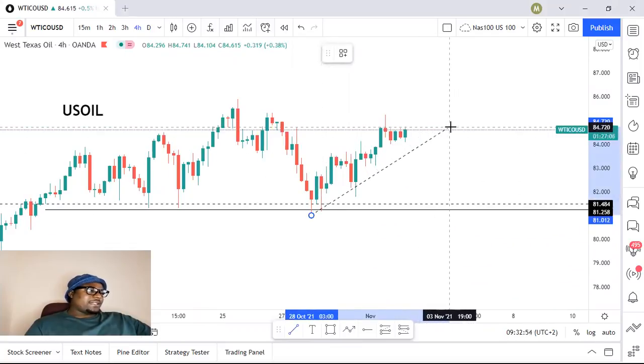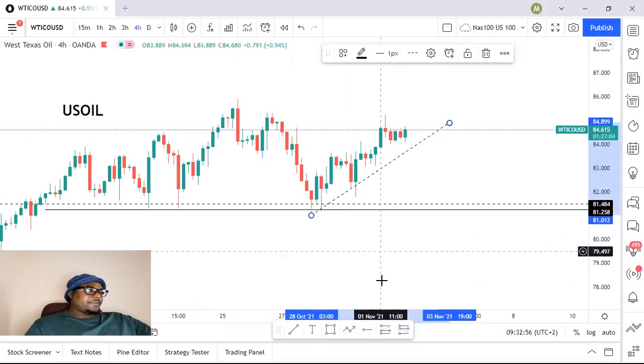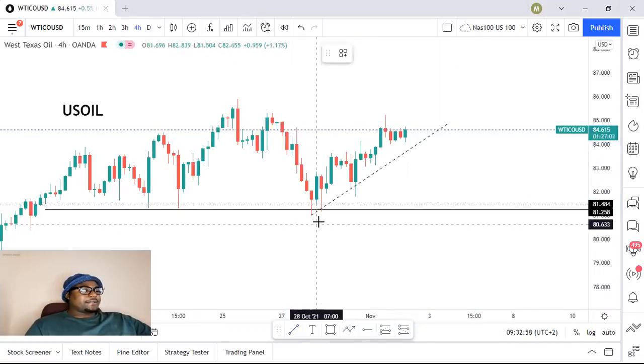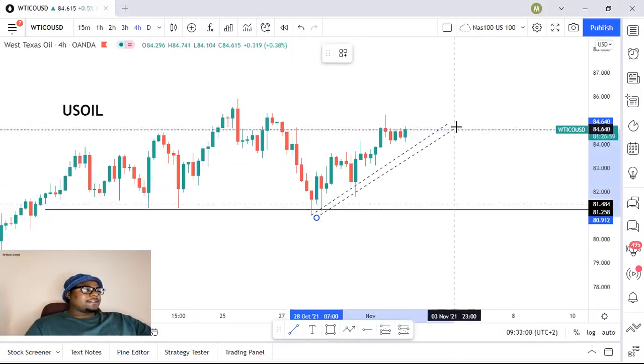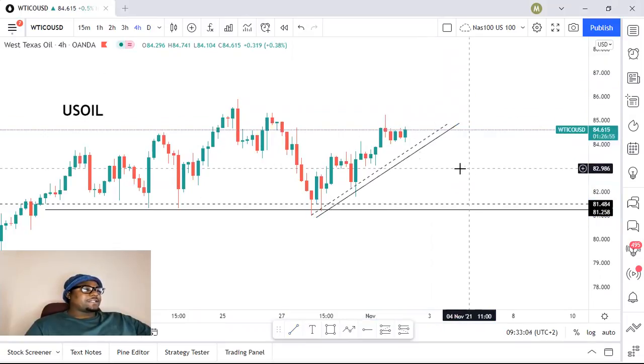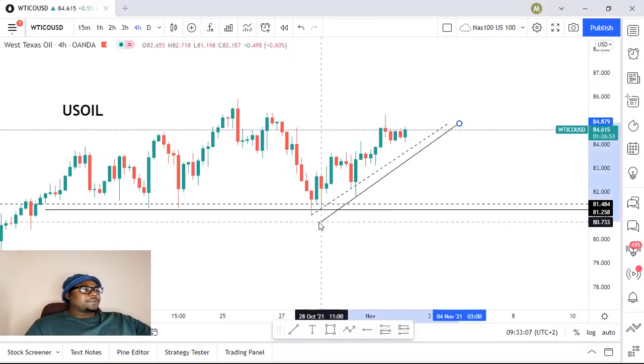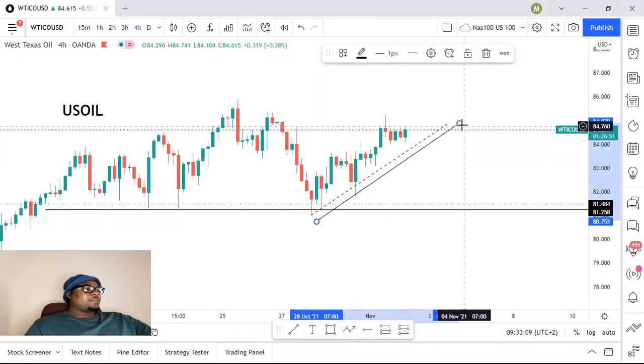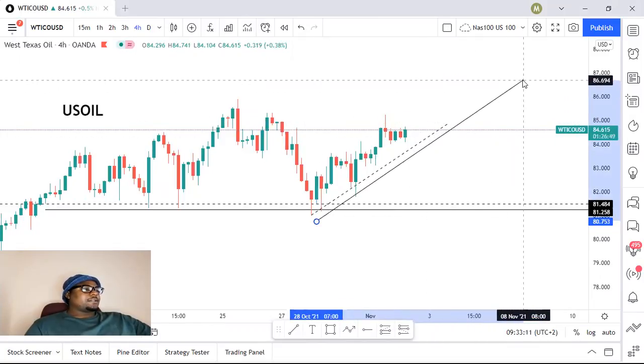Let's see. We might have something like this here. It's not really finalized, guys. Still brewing. If the market starts to respect those areas, maybe this is going to be a very nice support area. You see?